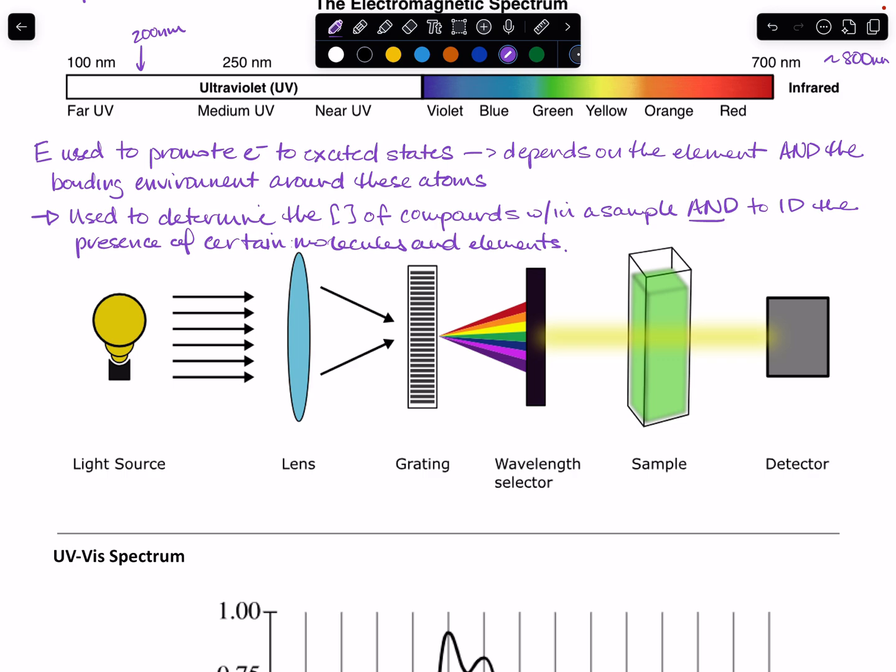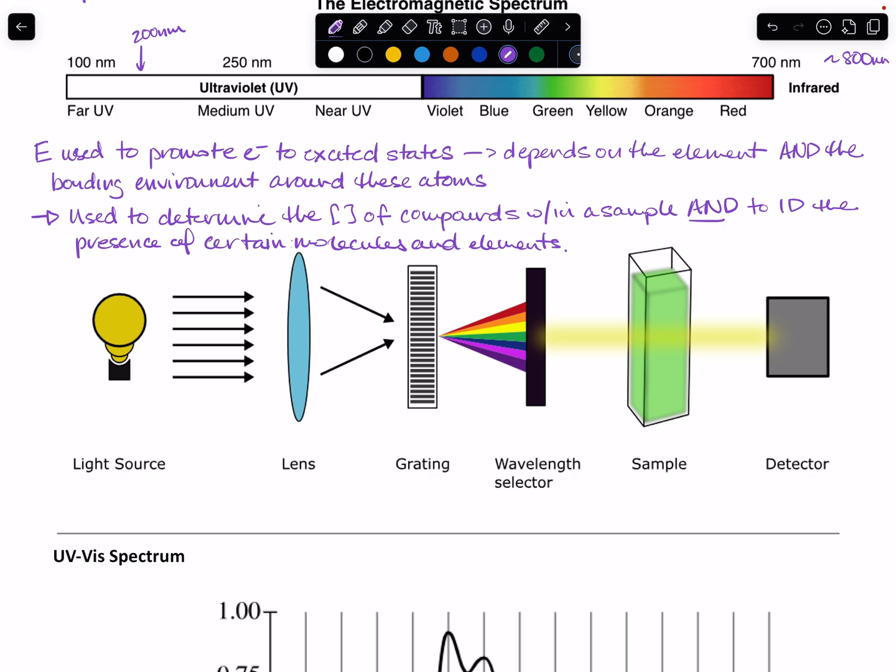We also utilized it because that iron would interact with different amino acids within my polypeptide, within my protein. I could change what those interactions were, and that would move my transition around. So I could use UV-Vis to see what was attached to the iron as well. It was a very cool technique for that type of stuff.